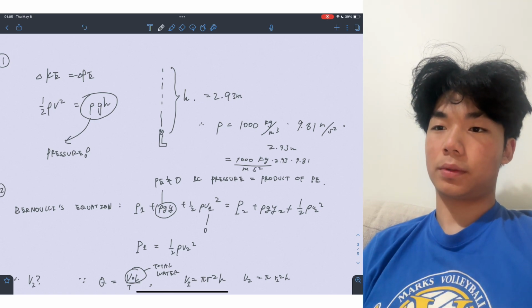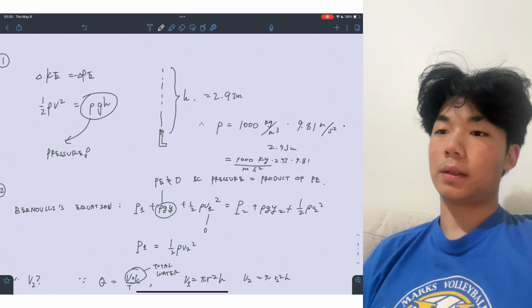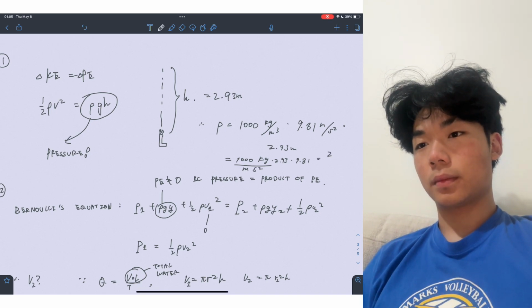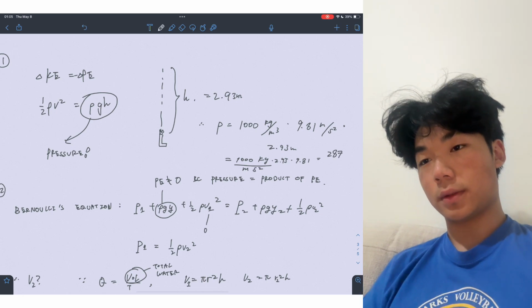This step was just me putting it in the calculator. It was 28,000-something Pa.